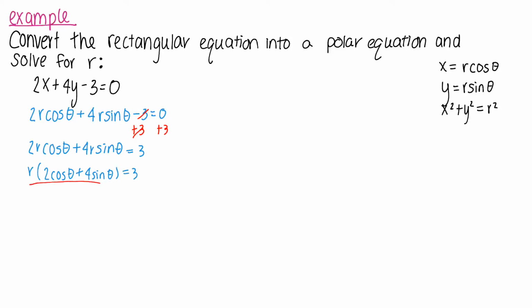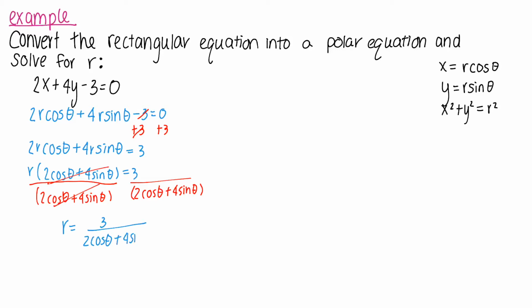Then to get r by itself, I will divide by 2 cosine theta plus 4 sine theta. And I get r is equal to 3 over 2 cosine theta plus 4 sine theta. And that is our final answer on this one.